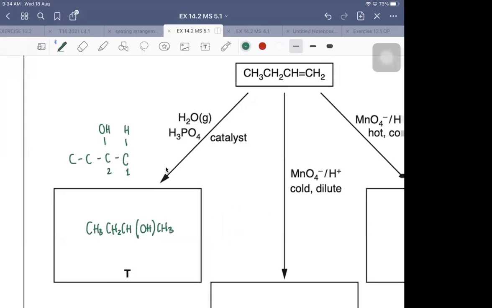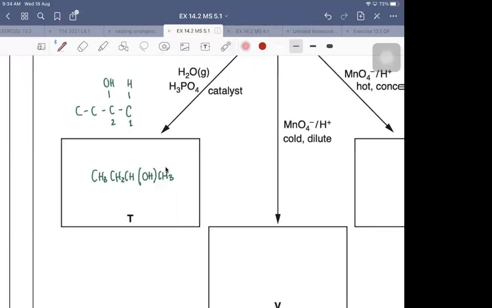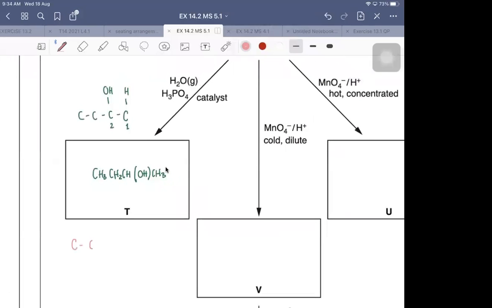However, of course, they also accept the other possible product, which is if you add your hydroxy group to the first carbon and your hydrogen to the second carbon, in which case the structural formula would be CH3CH2CH2CH2OH.